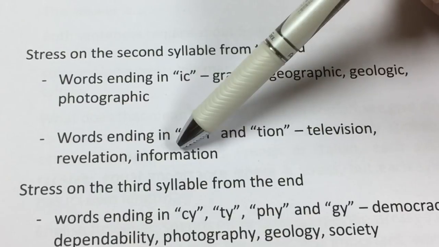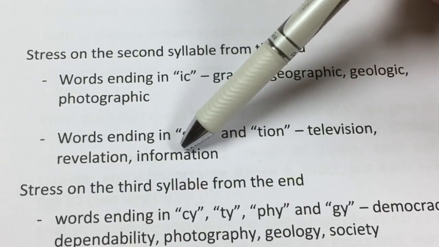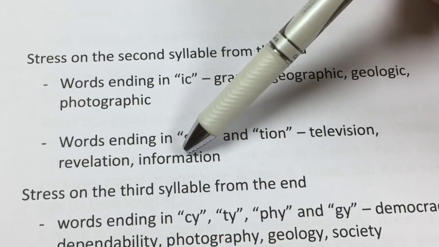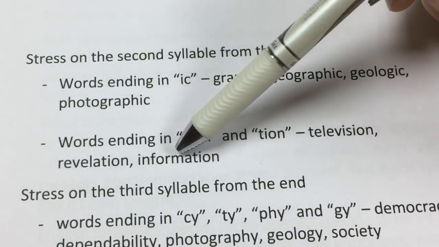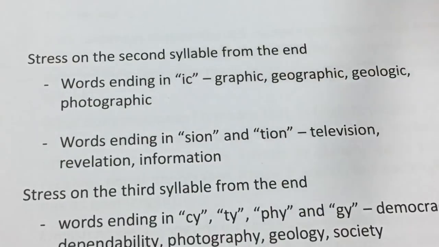From now on, please don't read it as information. Alright? The correct one would be information. We stress on the second syllable from the end.